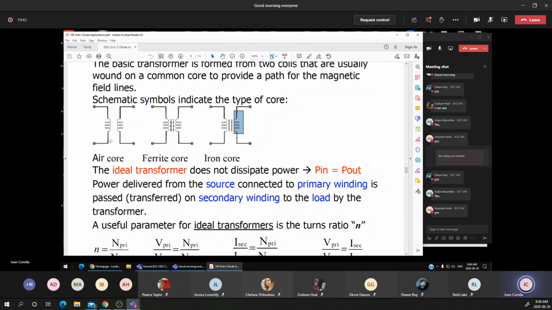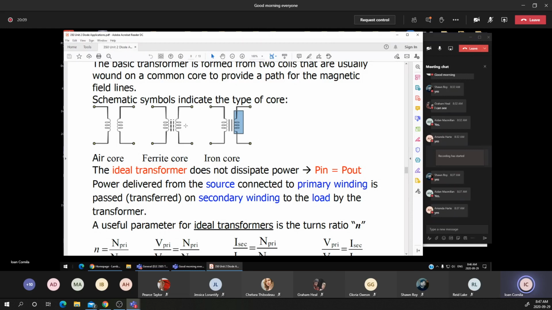I'm just giving some heads up, I'm not asking about the applications of the air core in this course, just to give an idea about where we use the air core. Air core is used in very high frequency applications. I'm talking about kilohertz and megahertz, especially in megahertz or closer to the highest frequencies.